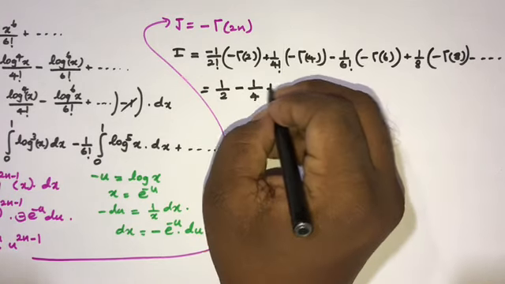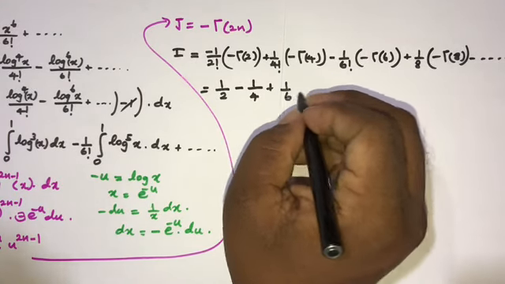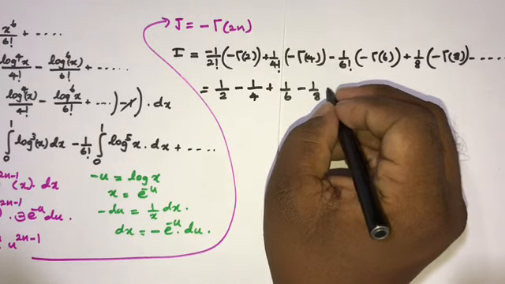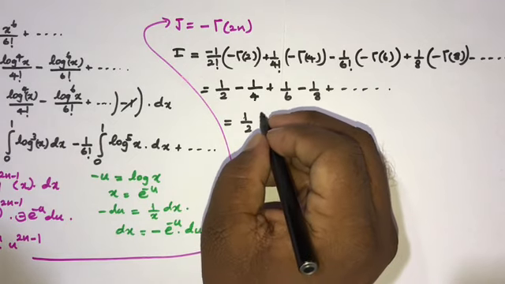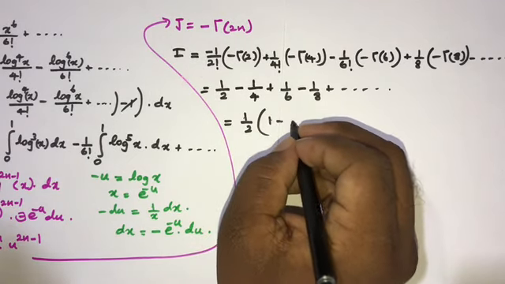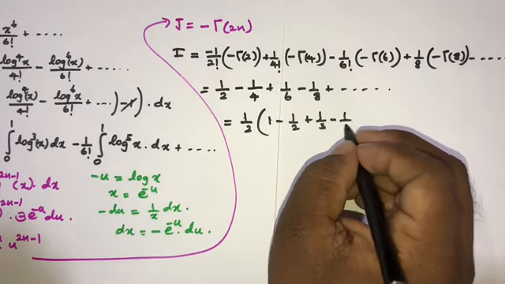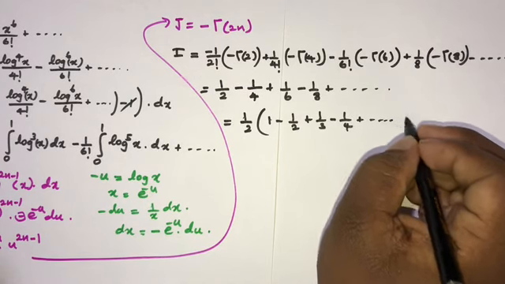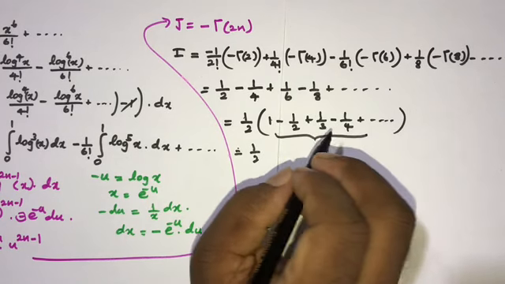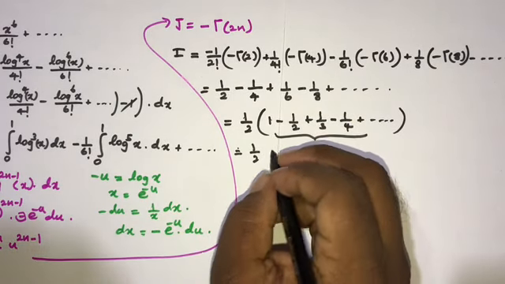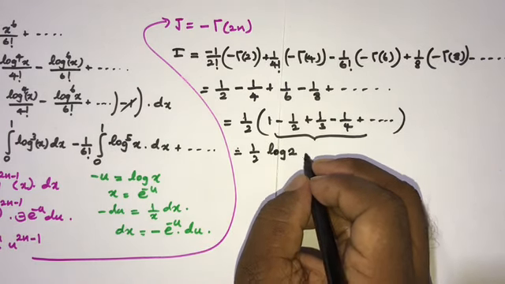Then plus 5 factorial over 6 factorial, so 1 over 6, then minus 1 over 8, plus and so on. Now we can take 1/2 as a common factor: 1 minus 1 over 2 plus 1 over 3 minus 1 over 4 plus and so on. This is familiar to us because this series represents the natural log of 2. This is the answer.